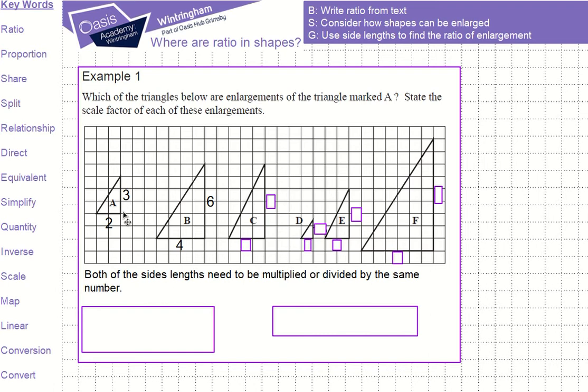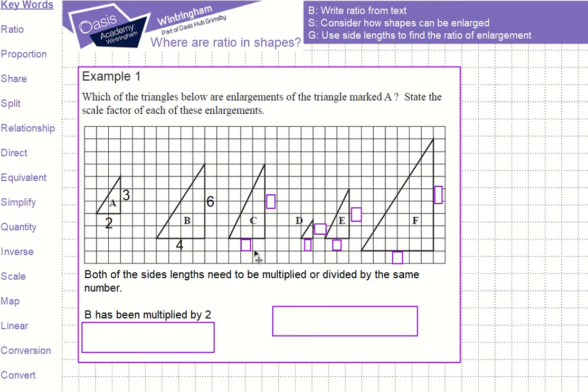Has this side been multiplied by 2 also to get to shape B? Well, 3 multiplied by 2 is 6, and that is true on this shape. So what we can say is that B has been multiplied by 2. It's an enlargement with scale factor of 2.